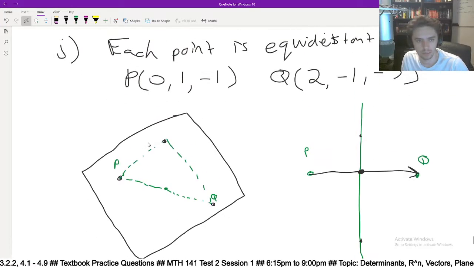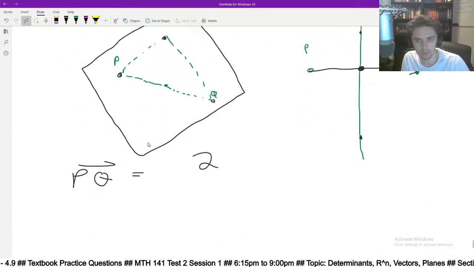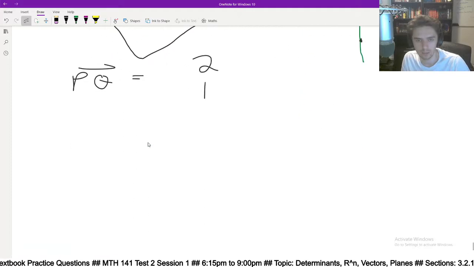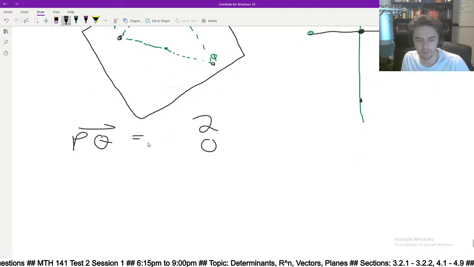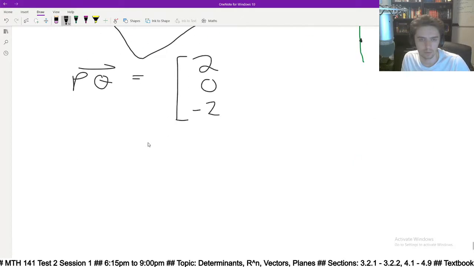PQ is Q minus P, so 2 minus 0 is 2. Negative 1 minus 1 is negative 2. And negative 3 plus 1 is negative 2.